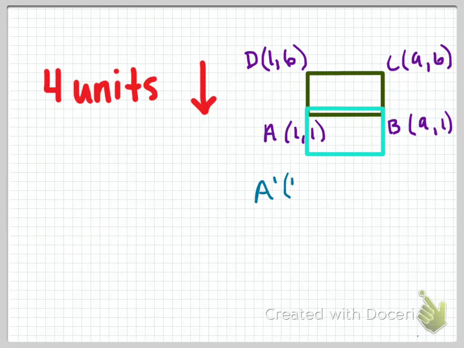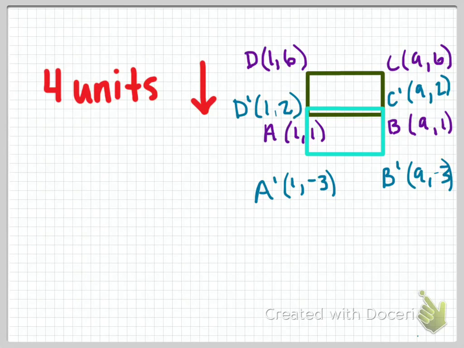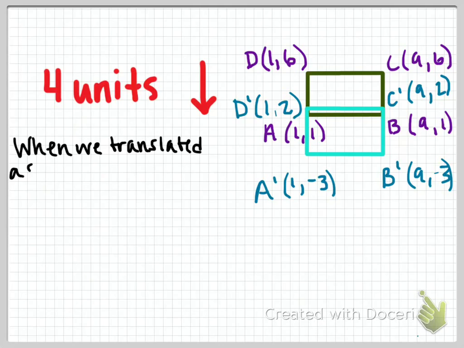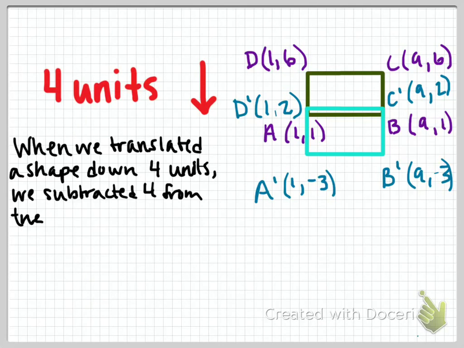And then if I label those points on my new shape, I get this. And yesterday in class, you should have noticed that when we translate a shape down 4 units, we subtracted 4 from the y-coordinates.